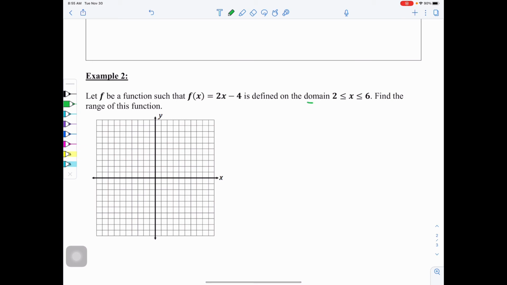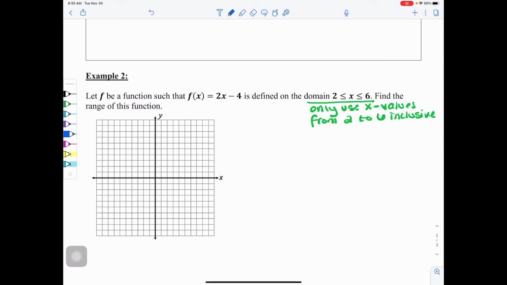So this domain, 2 less than or equal to x less than or equal to 6, means that you only use x values from 2 to 6, and I'm going to write inclusive, which means the 2 and the 6 count.